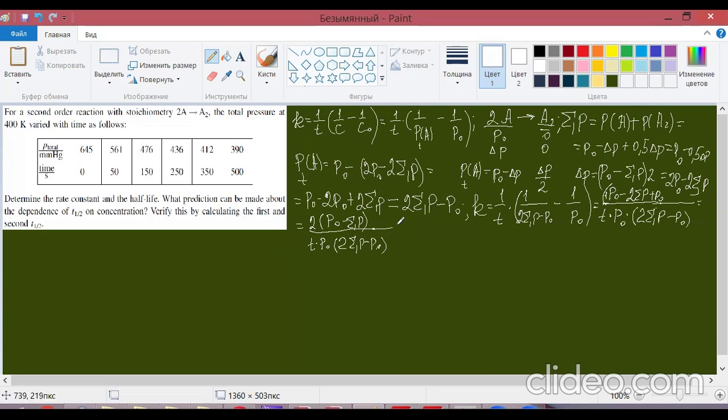And now we can calculate k1 for this set of findings.